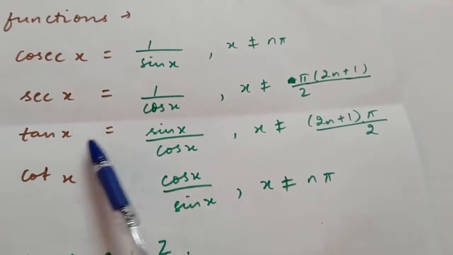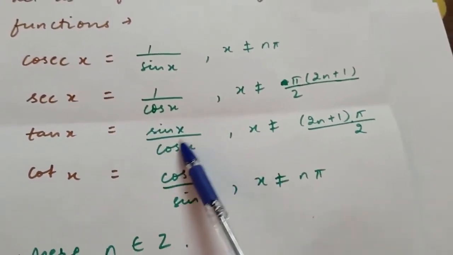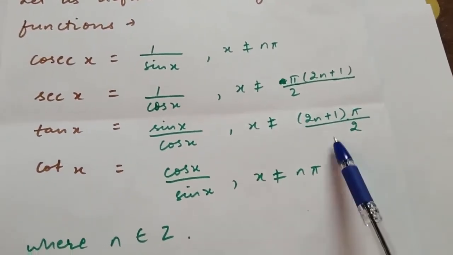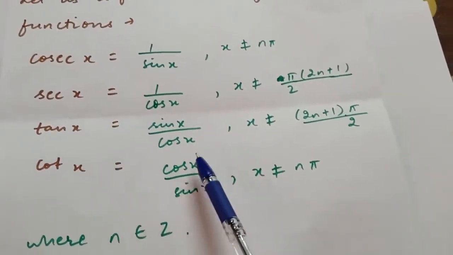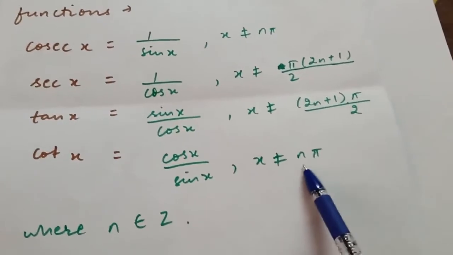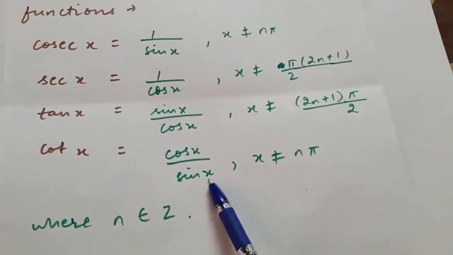Tan x we define as sin x upon cos x, and because cos x is in the denominator, x should not be equal to odd multiple of pi by 2. And cot x is the reciprocal of tan x, that is cos x upon sin x, and x should not be equal to n pi because sin x is in the denominator.